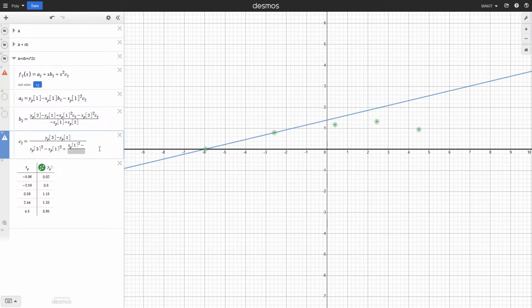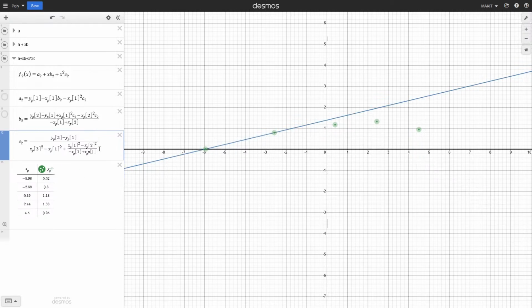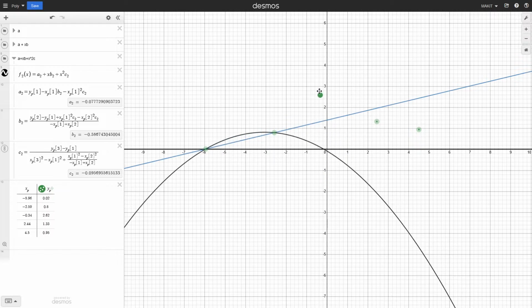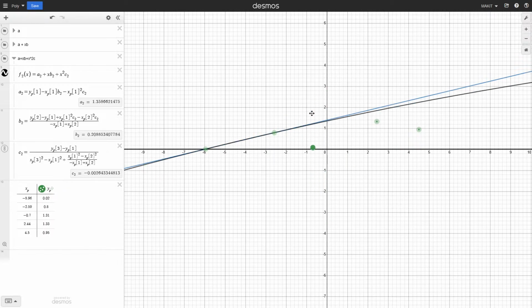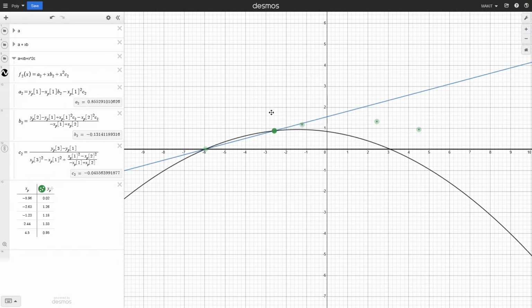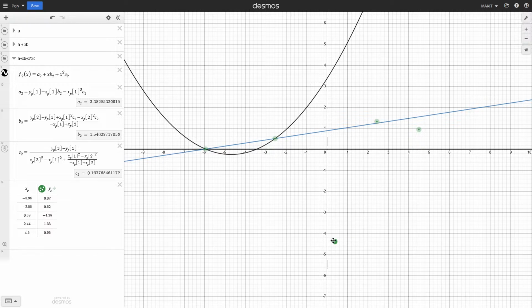Squared minus x second squared divided by negative x first plus x second. Actually, it affects things, but first of all, it should be negative. When it's going up, it should go the other way, which is not great. That's not a good sign. It usually means I screwed up something.